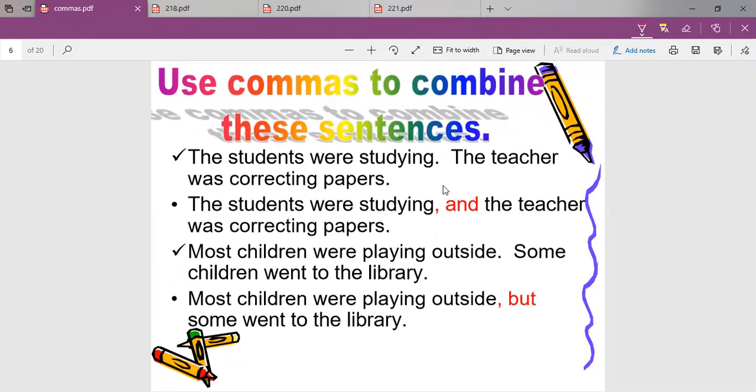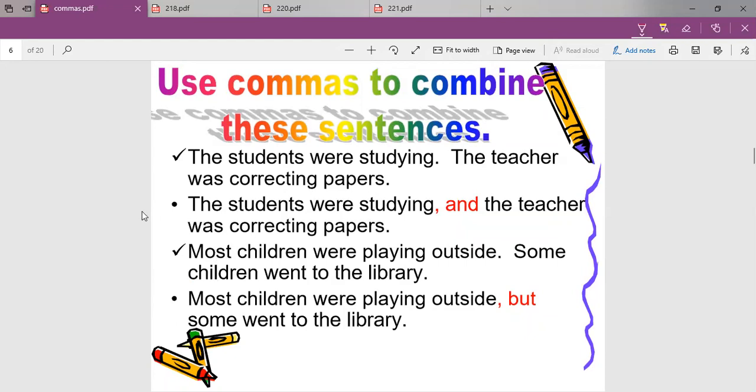I want someone to read them faster because we are running out of time. Yes, Kareem, can you read it, please? Okay. The first one. The students were studying. The teacher was correcting papers. Excellent. See, this is the first one. The two simple sentences written separately.